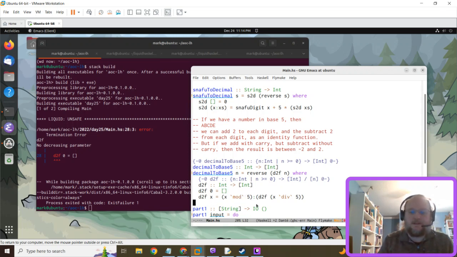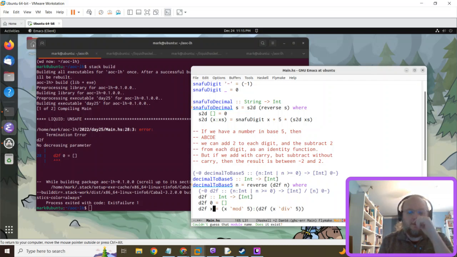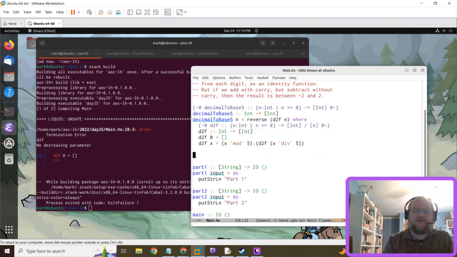All right. We just had to tell it what the type was, I guess. Because there are a lot of things that we could apply mod and div to. And just because it's decreasing doesn't mean it will ever hit 0 for some of them, I think.